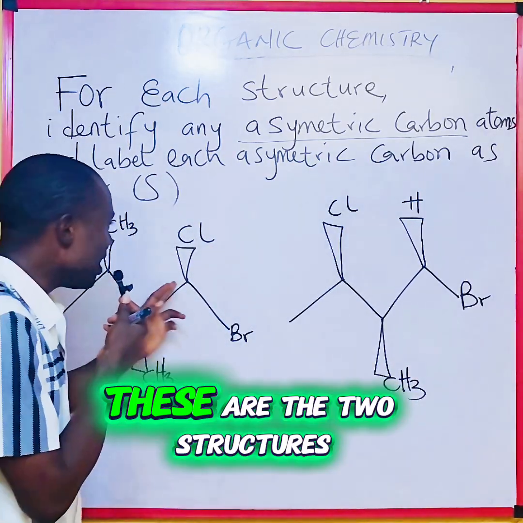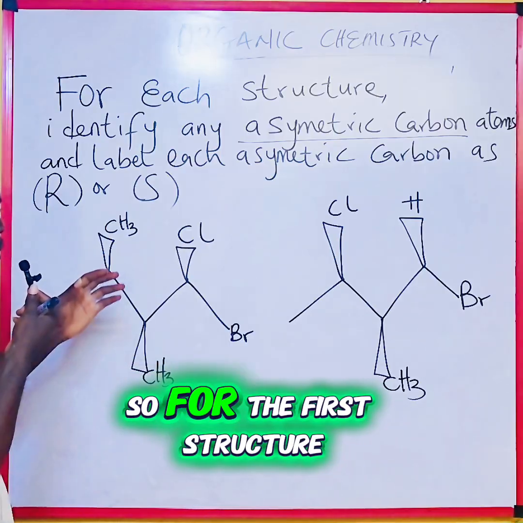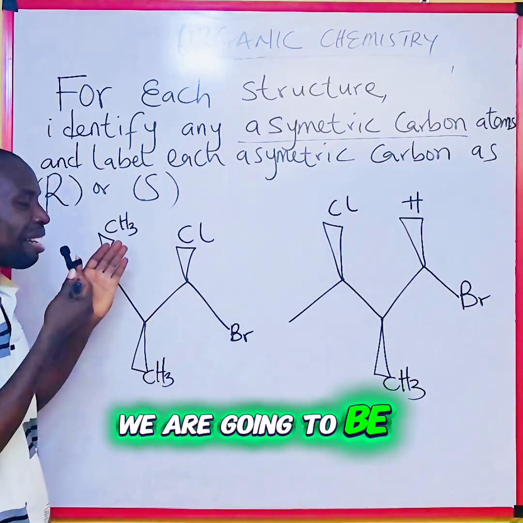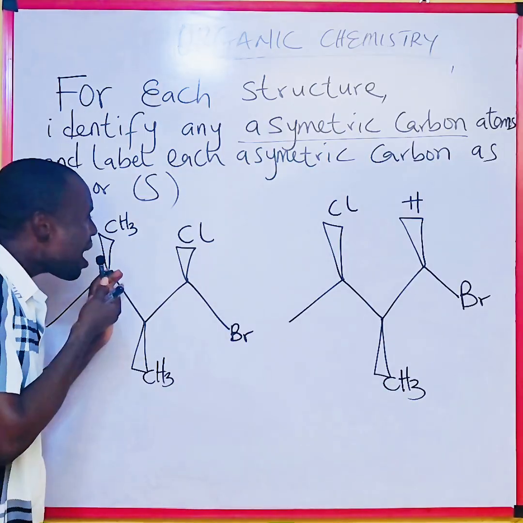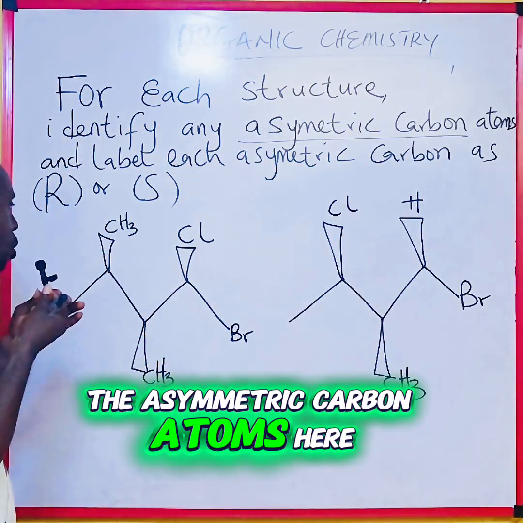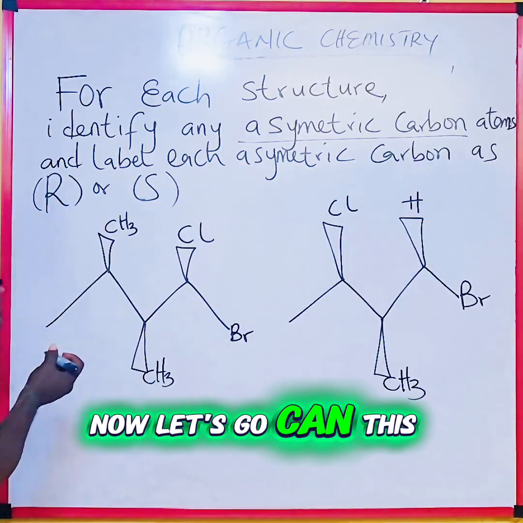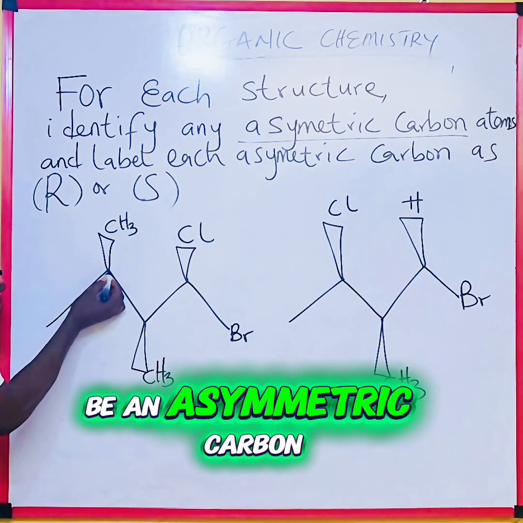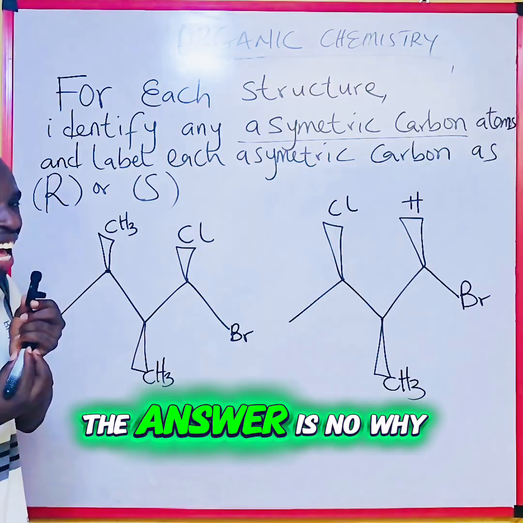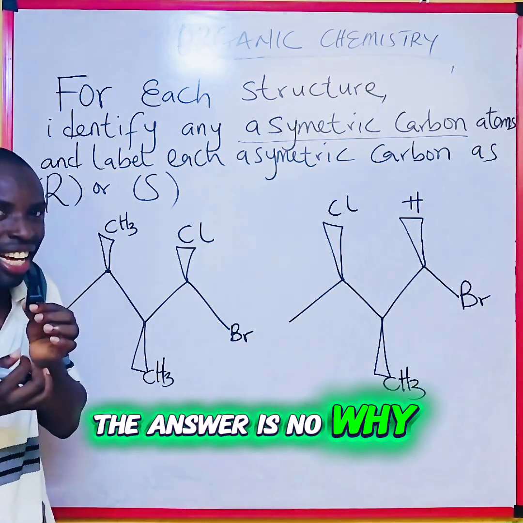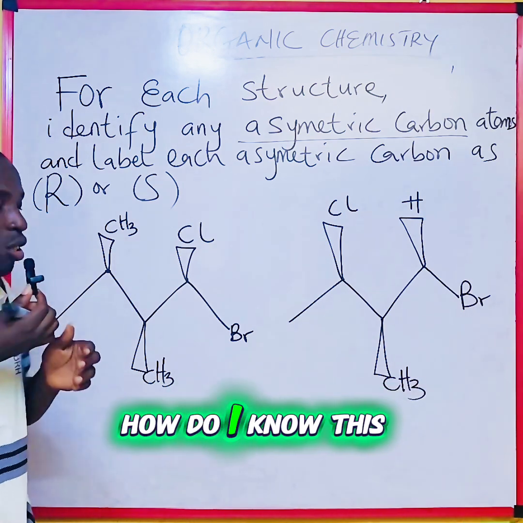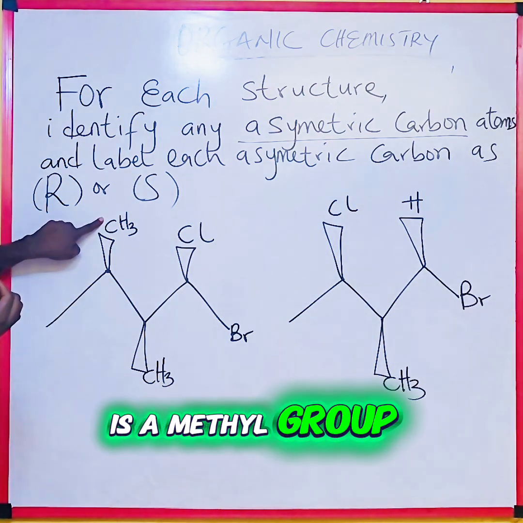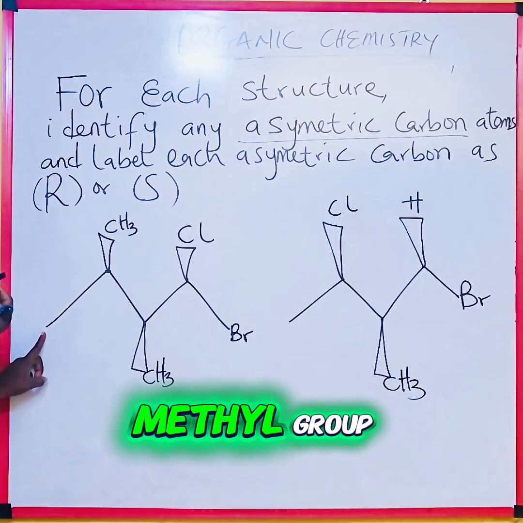Now, these are the two structures. For the first structure, we are going to be identifying the asymmetric carbon atoms. Can this be an asymmetric carbon? The answer is no. Why? It is not bonded to four different groups. How do I know? This is a methyl group. This is also a methyl group.